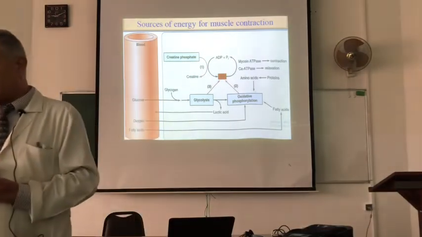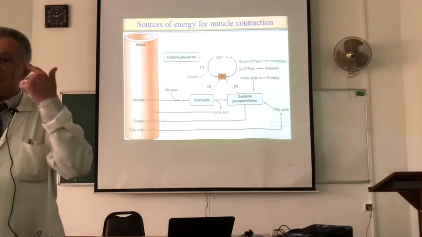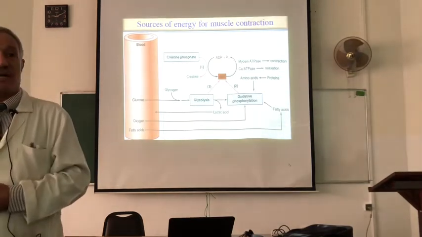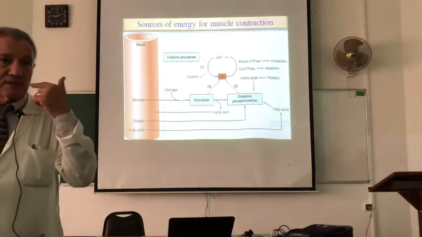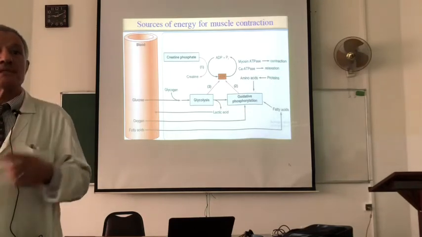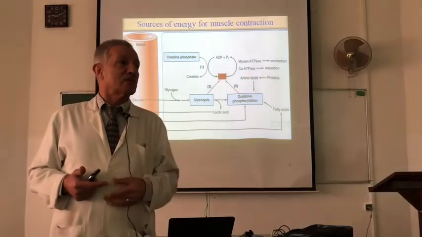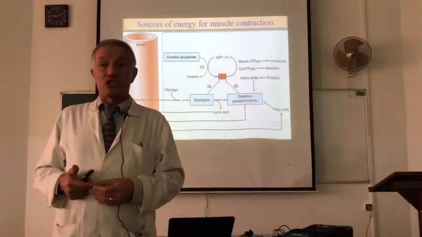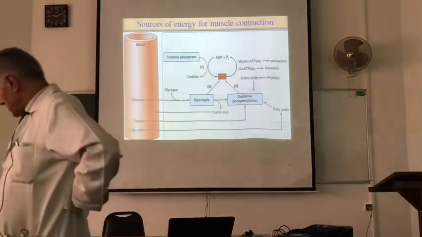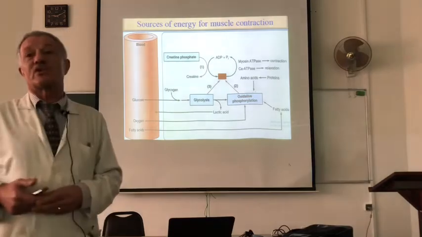Even our body depends on the activity of each type of muscle. We have some muscles which are characterized as fast muscles, like eyelid muscles, lip muscles, and so on. Tongue muscles, they are fast muscles, okay? But we also have plenty of slow muscles, like back muscles, which depend more on oxidative phosphorylation.